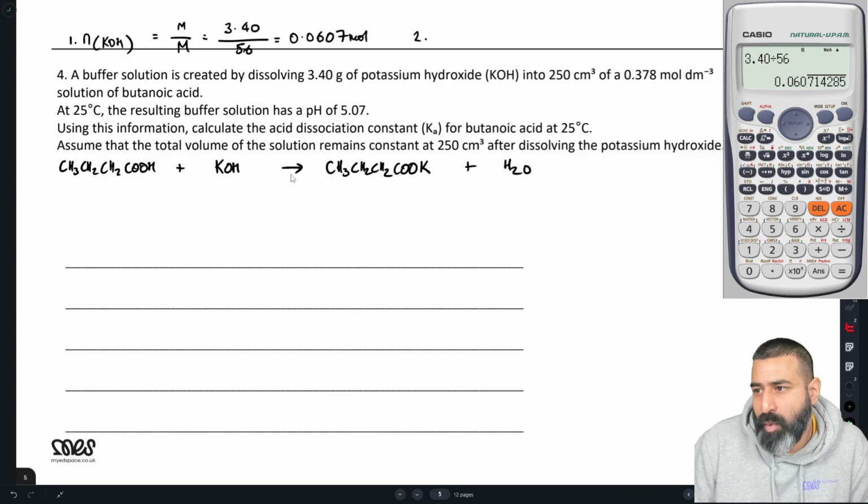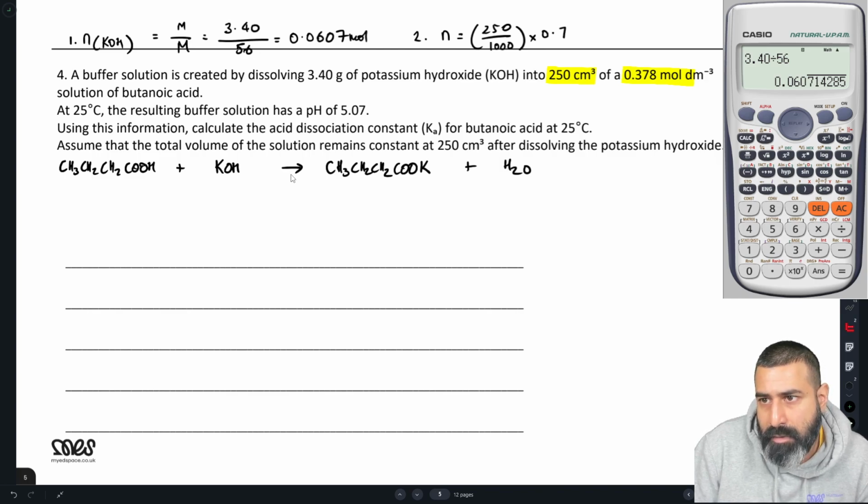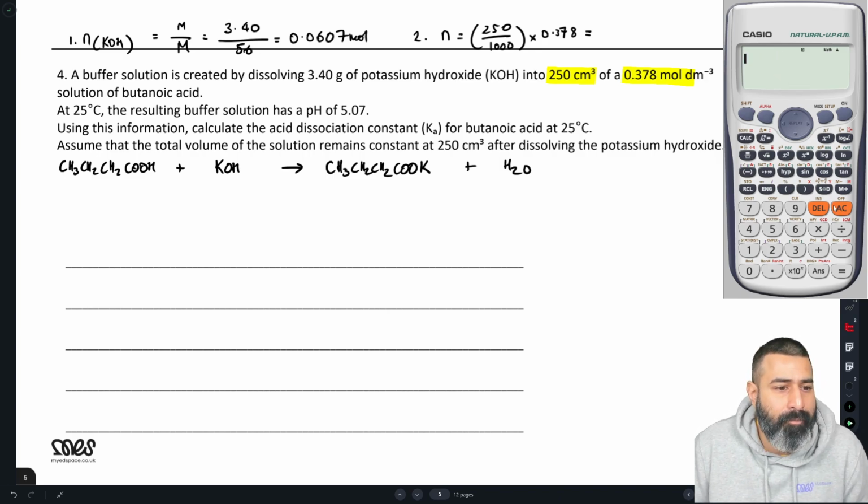All right, where do we go next? Well, next I can work out the number of moles of butanoic acid because I know the concentration and volume, and remember the number of moles is equal to the volume in decimeters cubed times the concentration. So what do we get? 0.25 times 0.378.